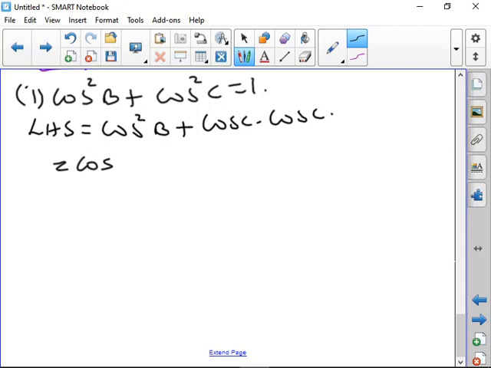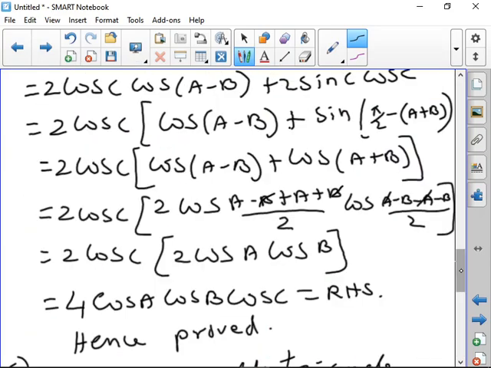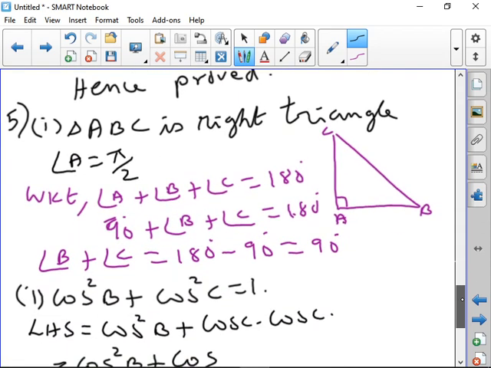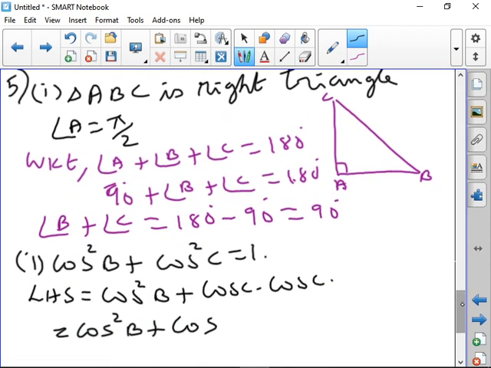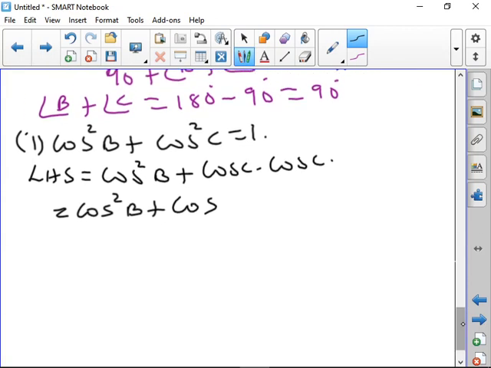So it is equal to cos square B. Angle C can be written as, B plus C is 90. So angle C is 90 degrees minus B.